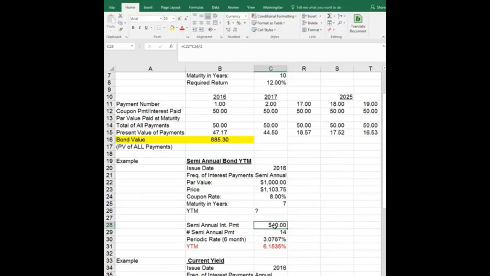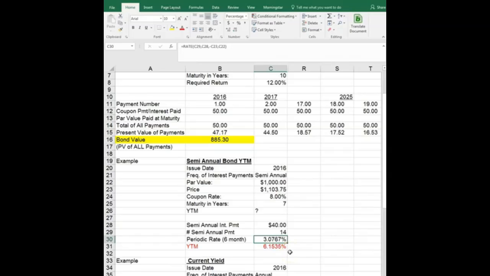We first need to calculate the semi-annual interest payment, that coupon payment. Well, at 8% of 1,000, that's $80 per year. We divide that by 2 to come up with every 6 months a payment of $40. The number of 6-month periods, well, we have 7 years, so that's going to be 7 times 2 or 14 semi-annual periods. And then we can calculate the periodic rate.